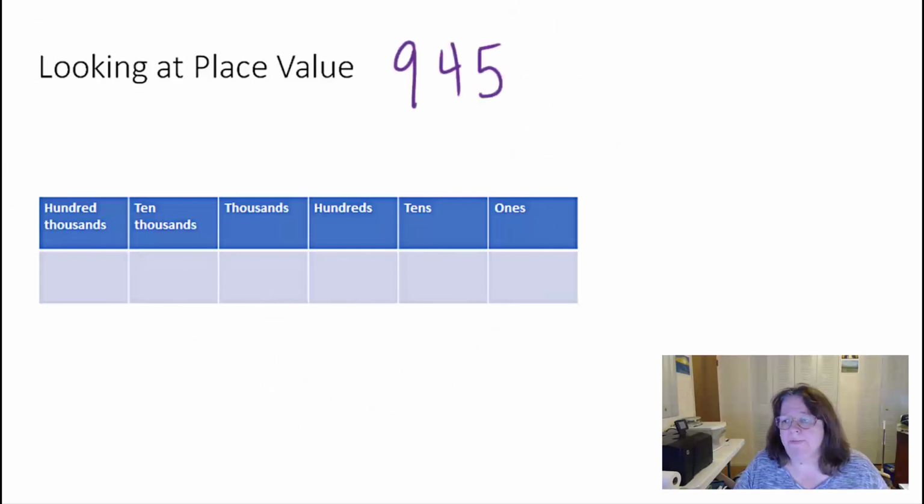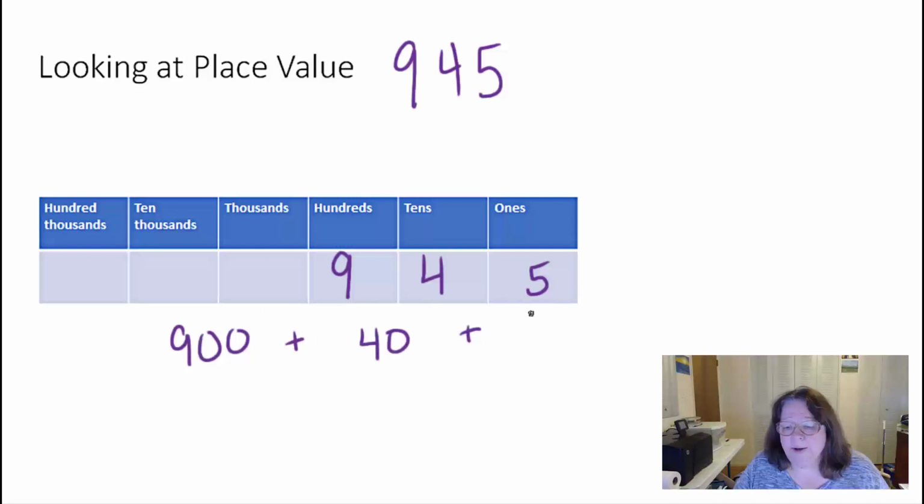945. Well, 5 ones. The digit 4 is in the tens place. It has a value of 40. 4 tens, and the 9 is in the hundreds place. 945. 900 plus 40 plus 5.